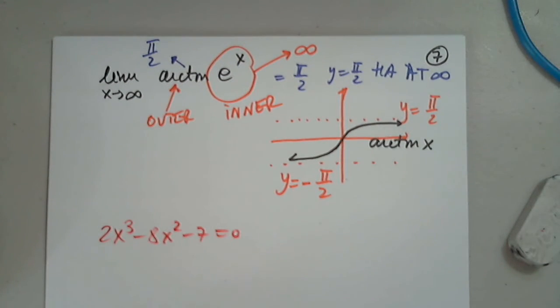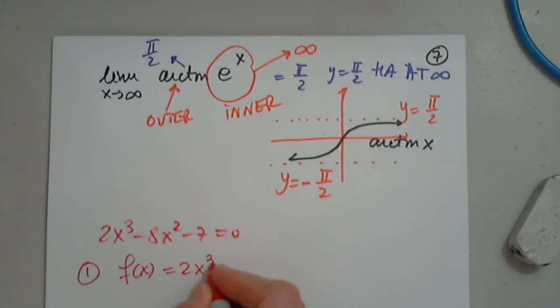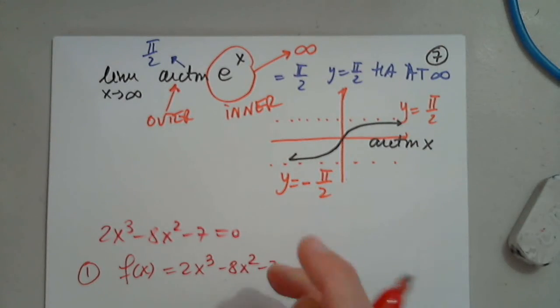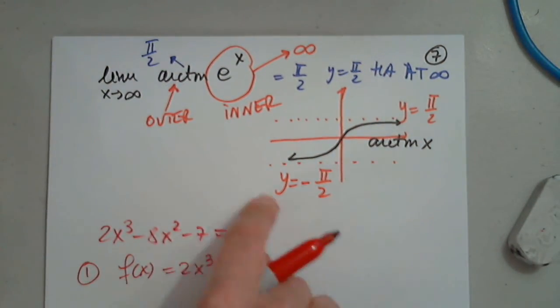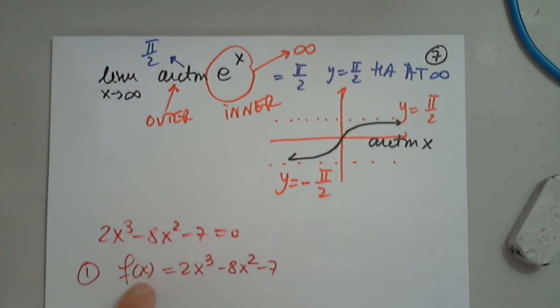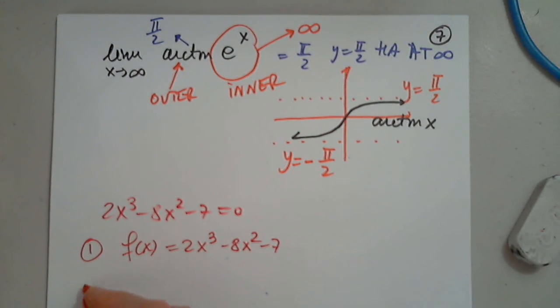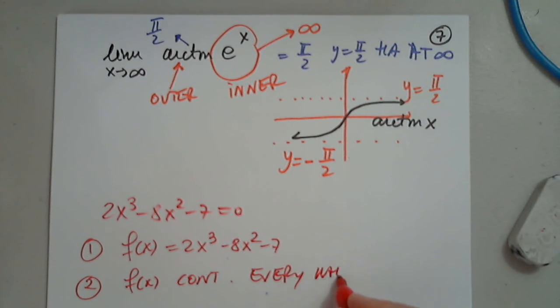So IVT requires us to, number 1, identify the function. No problem. So this is our f of x. If I have something else here, I have to move it first, have 0 on one side, and then write the function. In step number 2, I have to write that f of x is continuous everywhere.